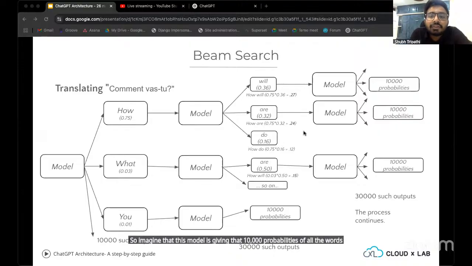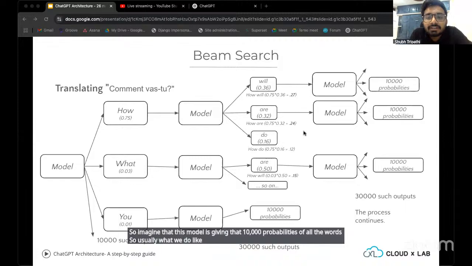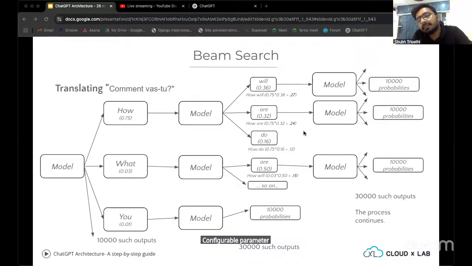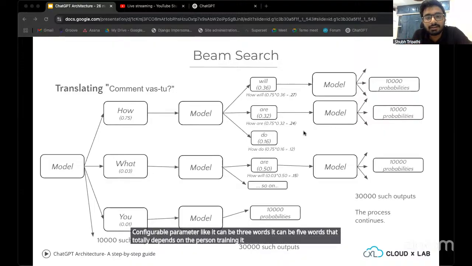Usually, instead of trying only the best word, we pick the top three words, and we call that the beam width, which is a configurable parameter. It can be three words, it can be five words. That totally depends on the engineer training it. So let's say we pick the top three words and feed them back into the model, asking: tell me the next word after "how."